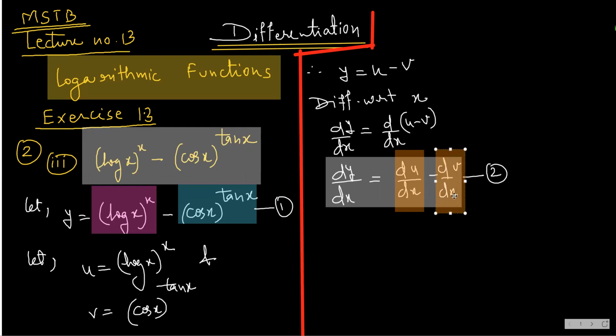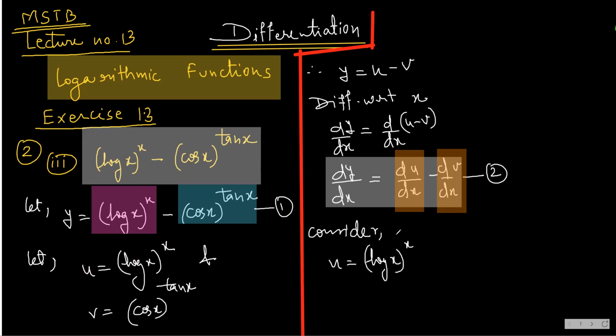So what am I going to do? I'm going to get the derivative of u with respect to x and the derivative of v with respect to x, for which I will begin with u. Here I write, consider u equals log x raised to x.